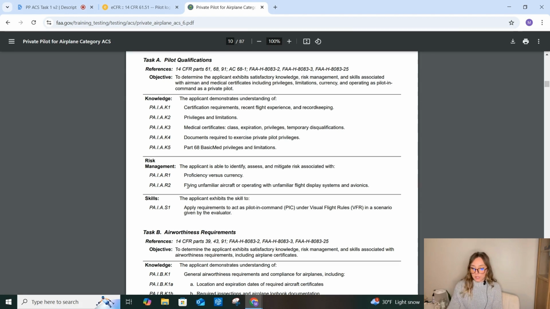And then it says flying unfamiliar aircraft or operating with unfamiliar flight displays, systems, and avionics. So I fly in the Cessna 172S, they're steam gauges. It's a 6-pack, and I enjoy it. I can fly well in it, but I've flown before in a G1000 because that was the only plane available to rent.